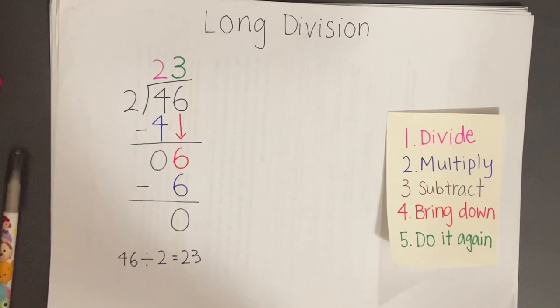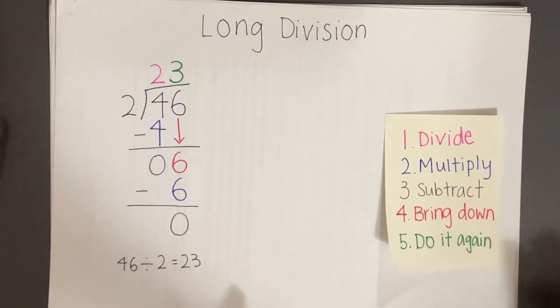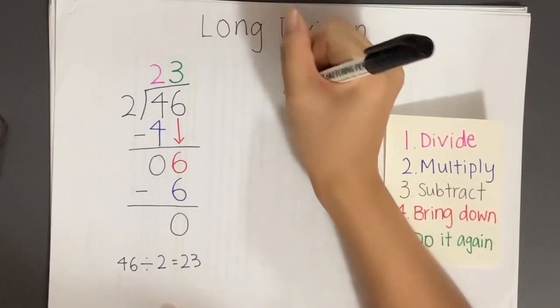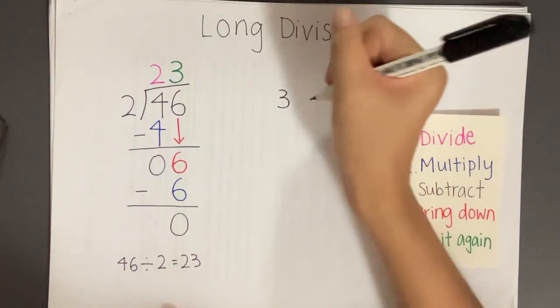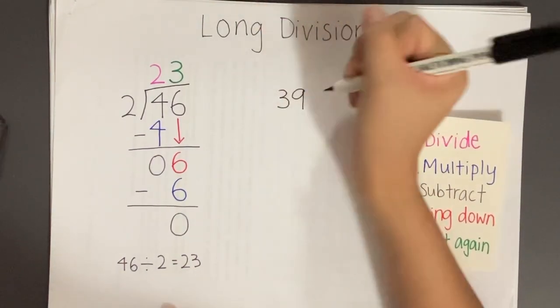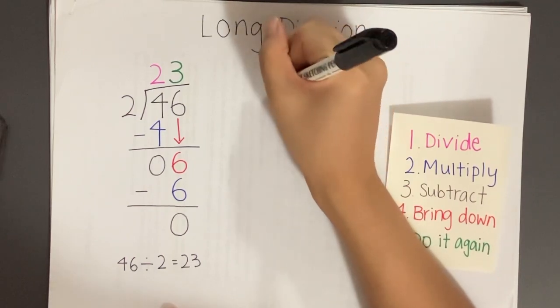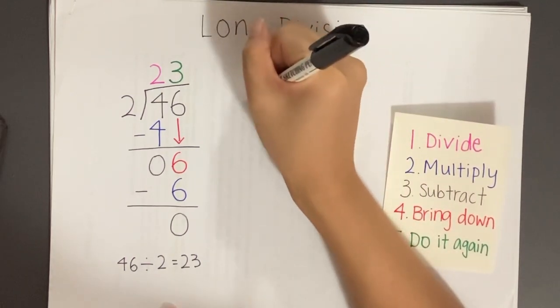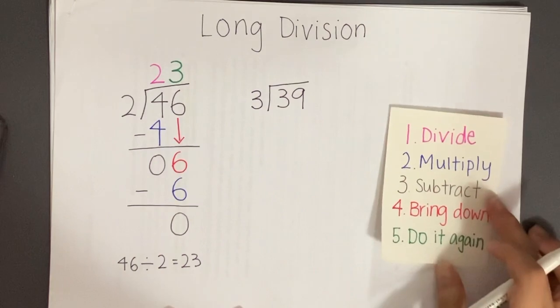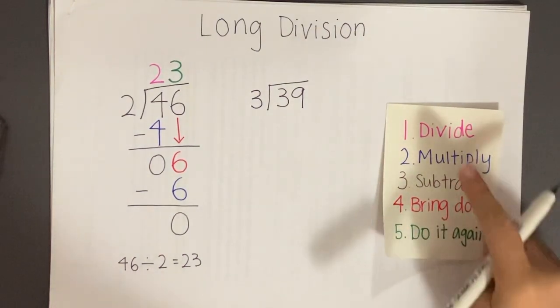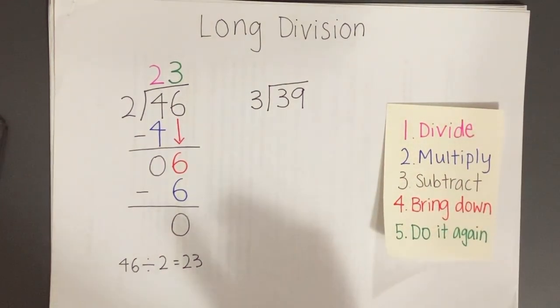Let's try a different question. Now let's do 39 divided by 3. So we're just going to follow the 5 steps again.